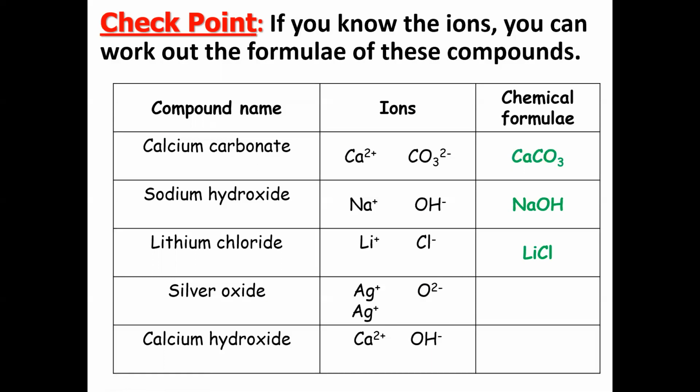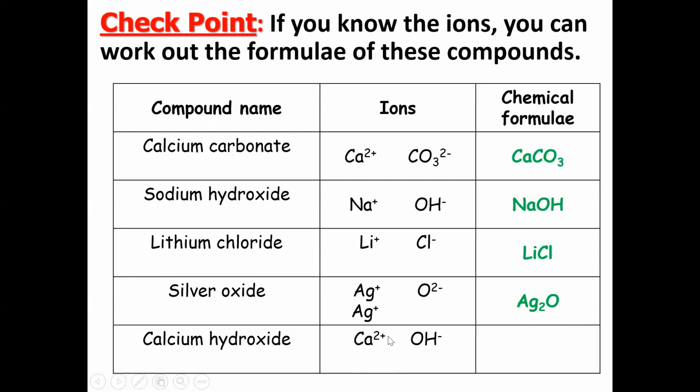That means this is where you would use a subscript, because you would have 2 silver ions for each oxygen ion. So Ag2O.